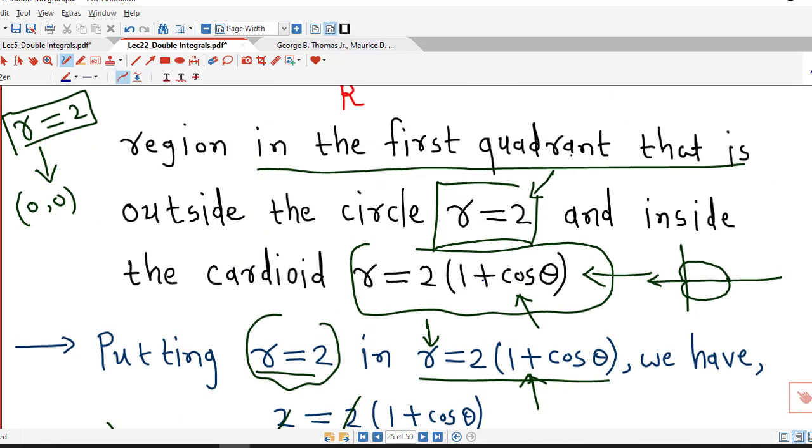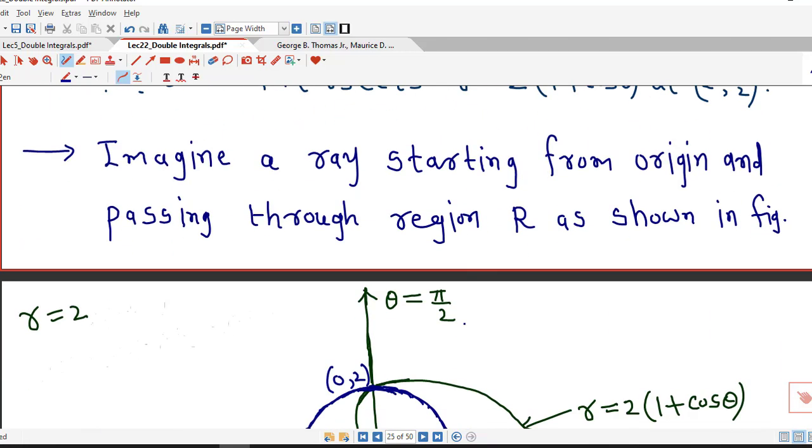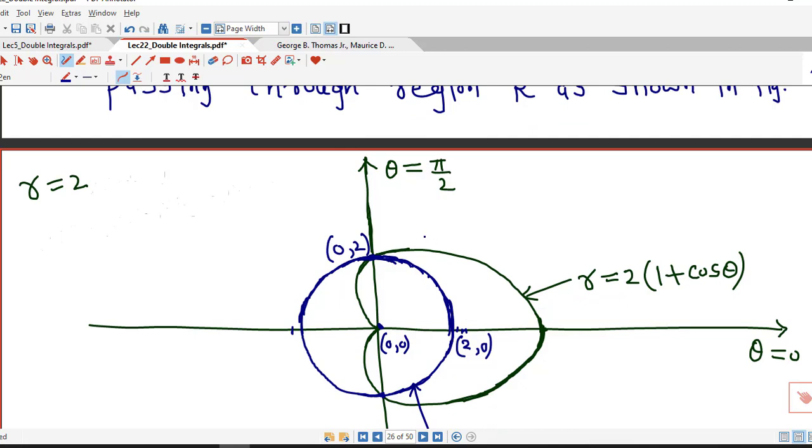Now our region is the region in the first quadrant. We will concentrate in the first quadrant, and the region is outside the circle and inside the cardioid. So we have to consider the region which is outside the circle, that is outside this circle, and inside the cardioid.